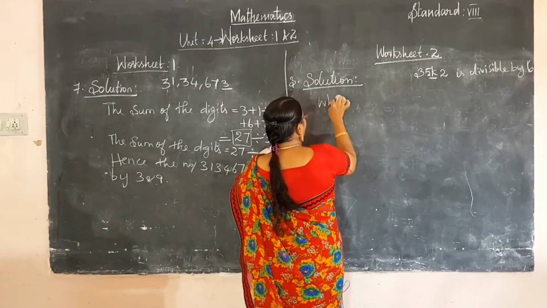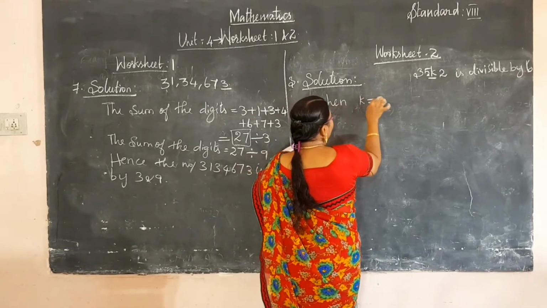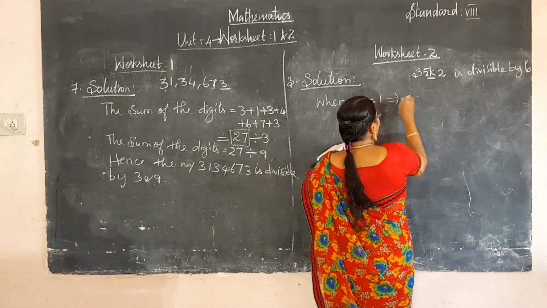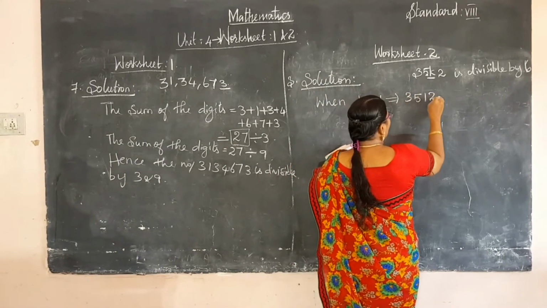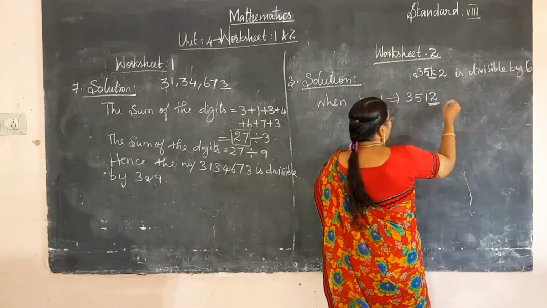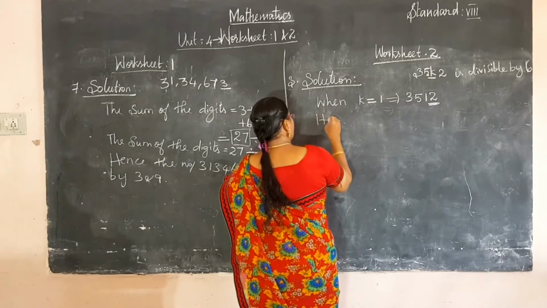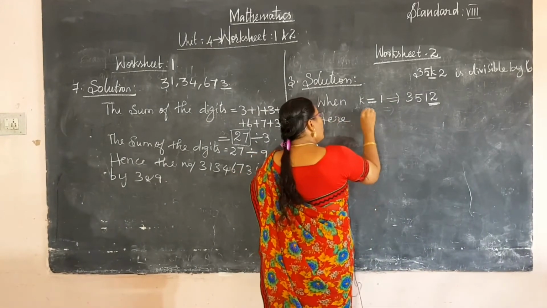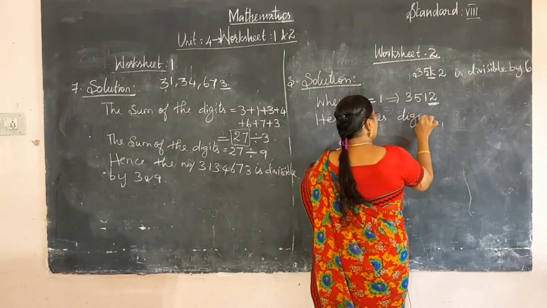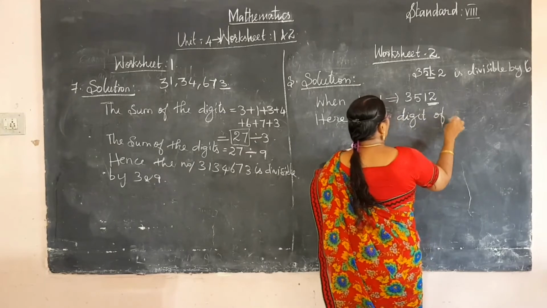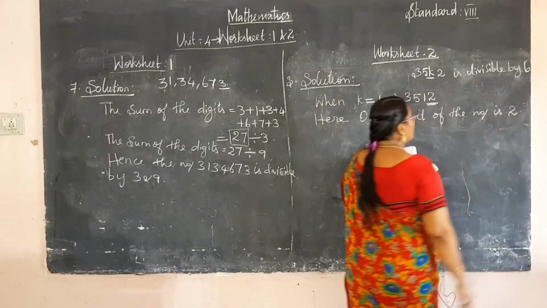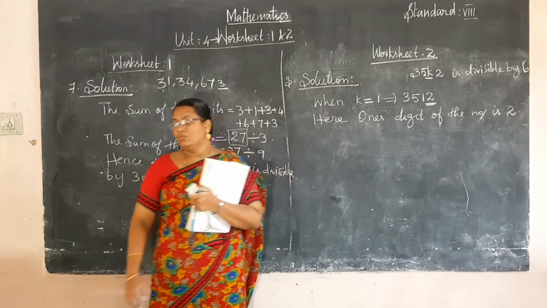First, we apply when k is equal to 1. When k is equal to 1, the number is 3512. So the one's digit is 2, which is divisible by 2. The one's digit of the number is 2.